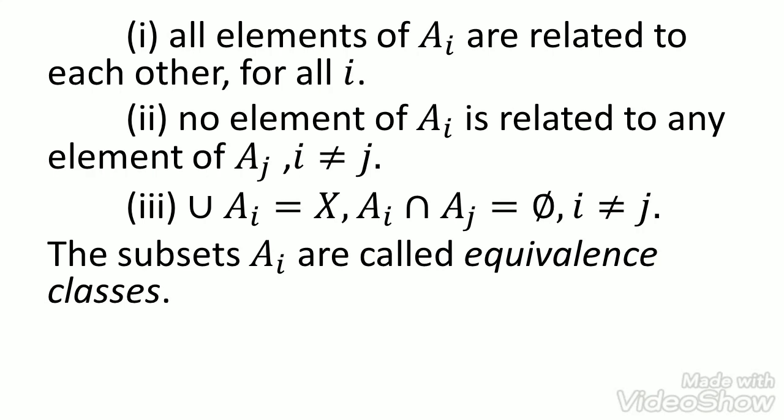That means all Ai are mutually disjoint. In that case, the subsets Ai are called equivalence classes. We'll get to it in the next video. You see the next video for this one.